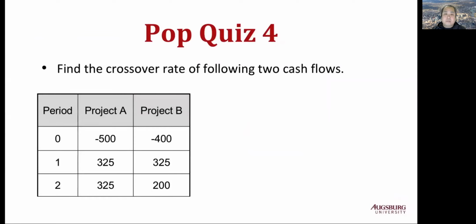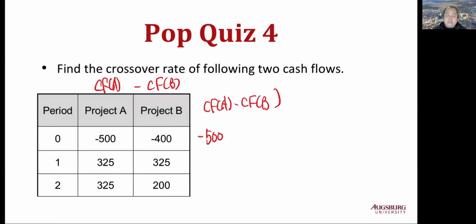Pop quiz 4. Find the crossover rate of the following two cash flows. Find the IRR of the incremental cash flow. Let's find the incremental cash flow, just CFA minus CFB. Then CF0 is negative 500 minus negative 400, which equals negative 100.